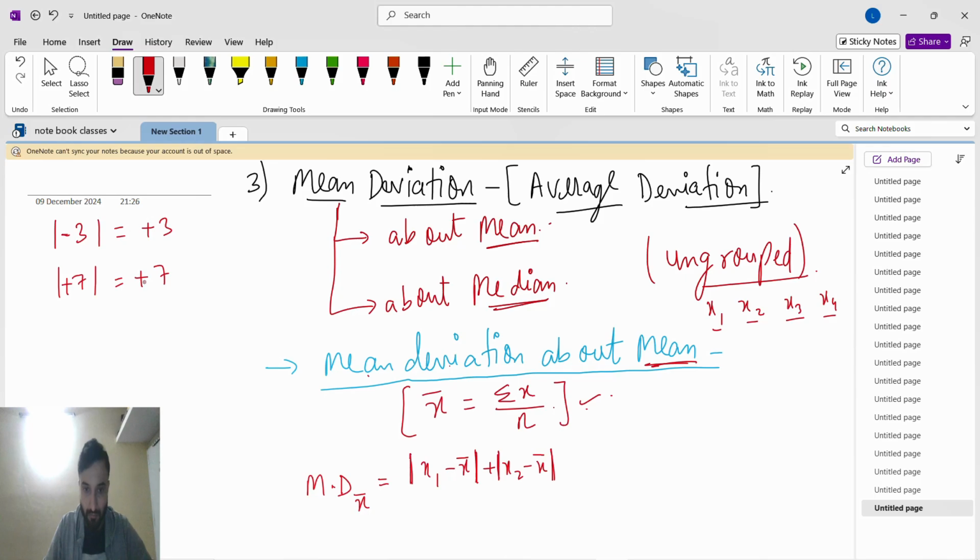For mean deviation about mean, first of all we find the mean. Then we take x1, the first observation, minus mean, and whatever answer you get, you write it as positive.